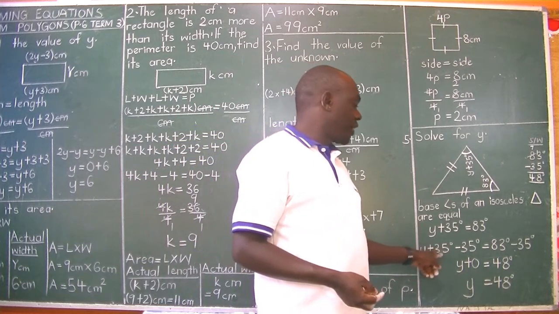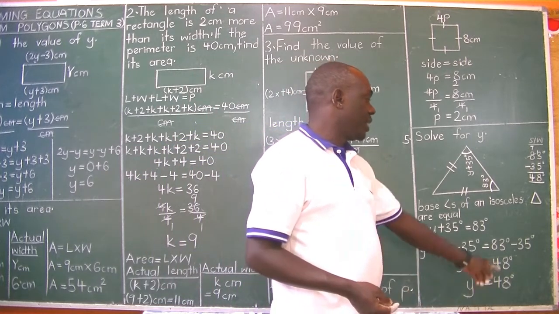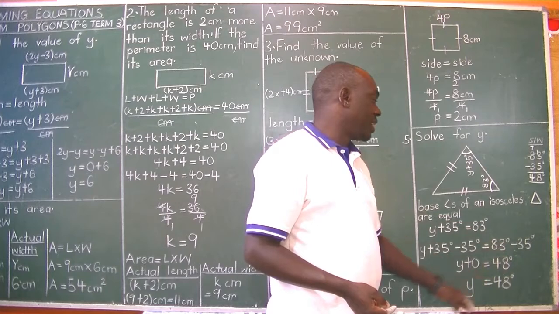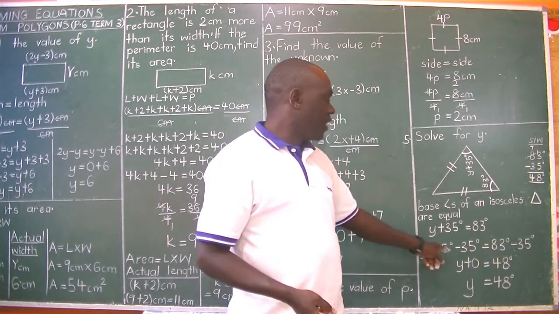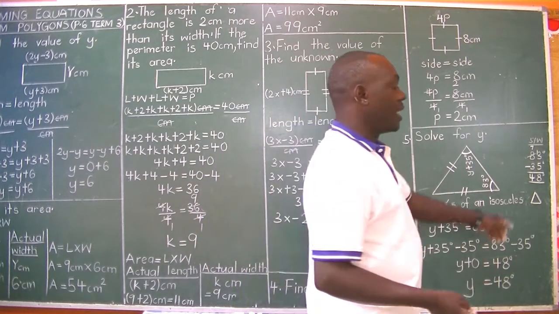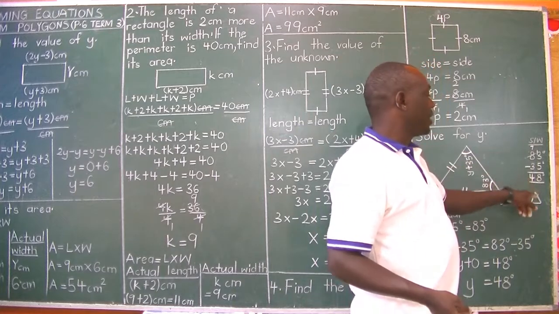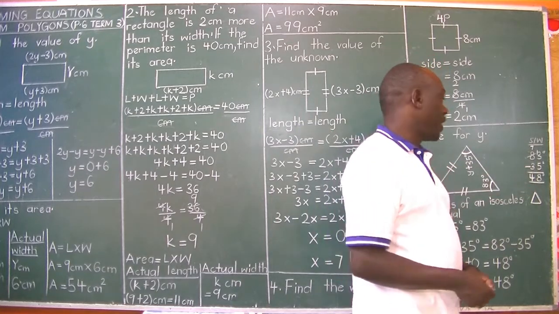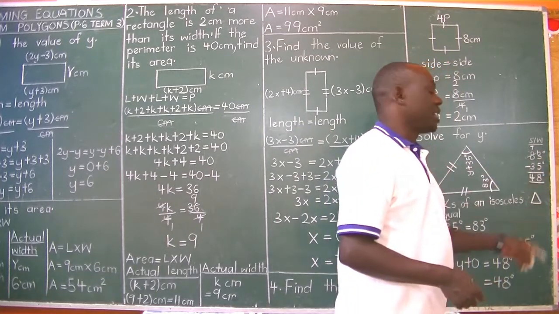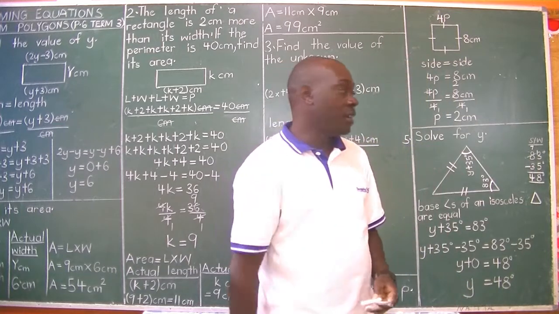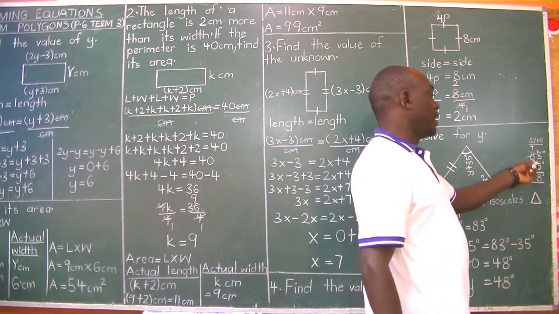So y plus 35 degrees minus 35 degrees equals 83 degrees minus 35 degrees. 35 minus 35 is 0. And now we subtract 83 degrees and this 35. You know 3 minus 5 is only possible when one borrows from the next place value.